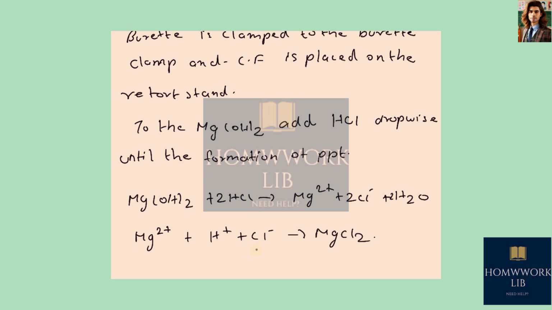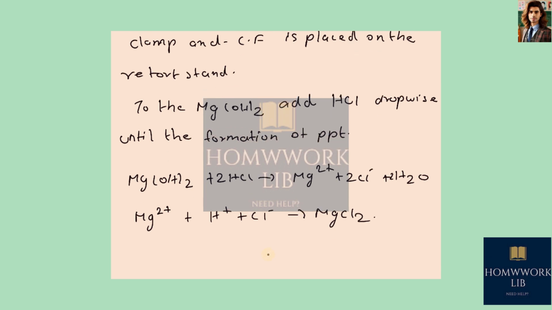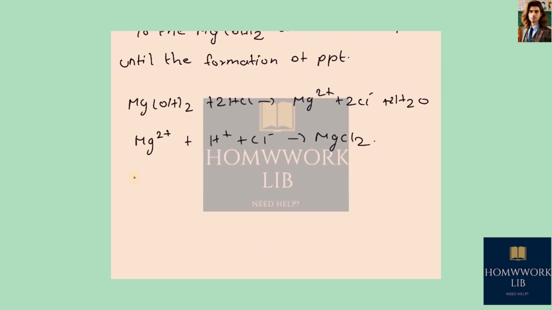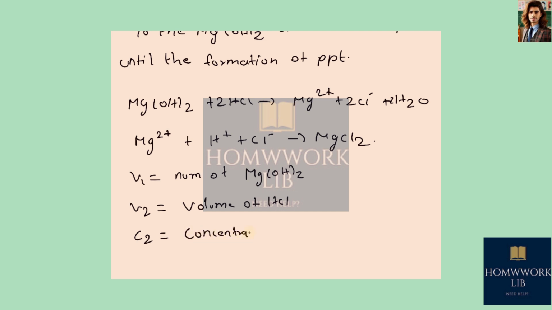So this is the end point of the acid base titration, and from this, as we know, let V1 be the volume of magnesium hydroxide, V2 be the volume of HCl, and C2 be the concentration of the HCl taken.